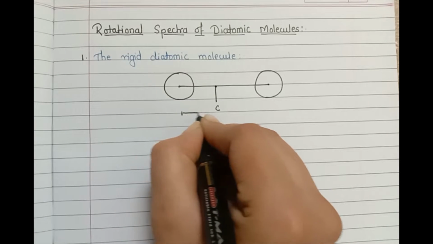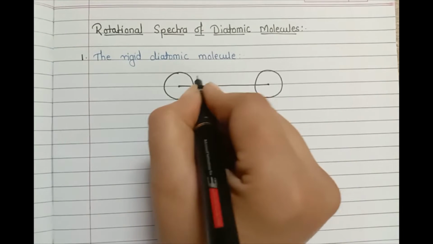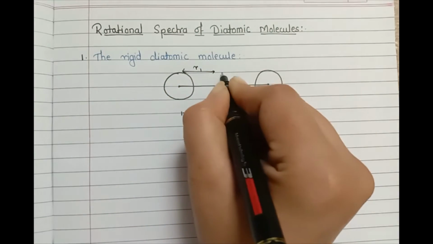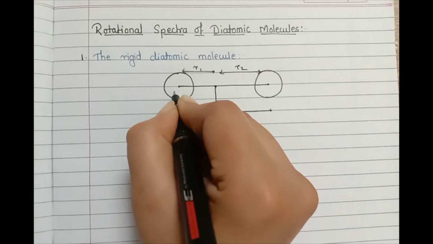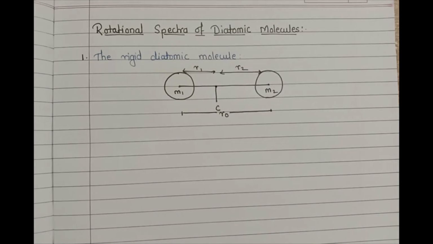This whole distance is R0, and this distance is R1. This is R2. This atom has mass M1 and this atom has mass M2 respectively.